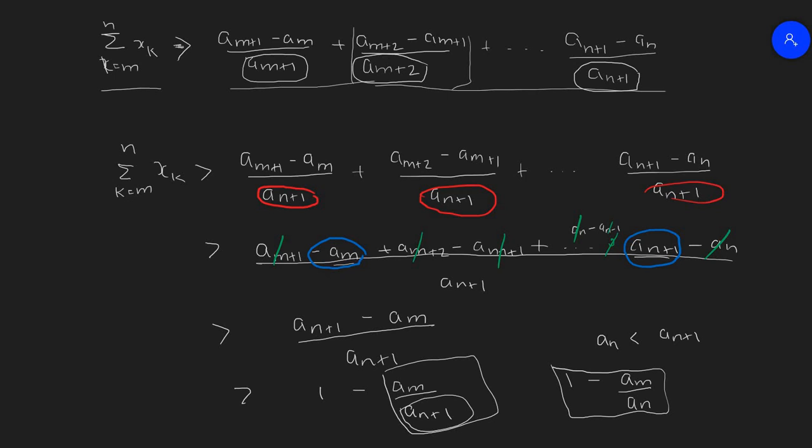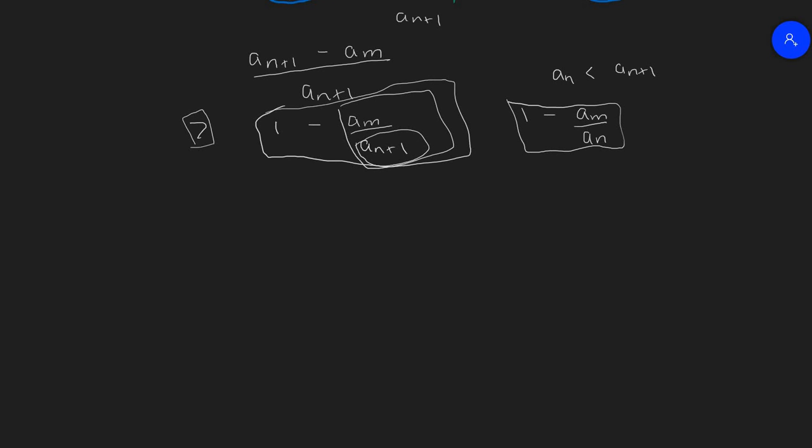Thus there will be no change in the inequality. So we can replace this with this, and the inequality remains the same. So now we have summation k varies from m to n, x_k is greater than 1 minus a_m by a_n. That is what the first option says, so the first option is correct.